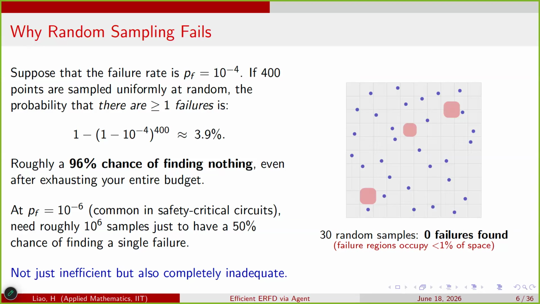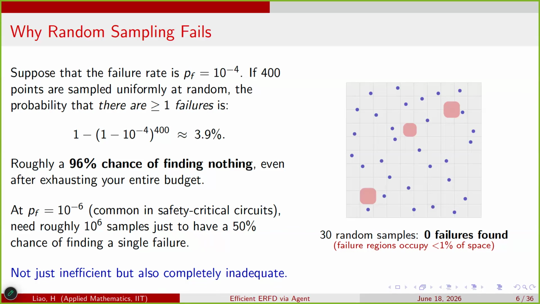Because if we consider a failure rate that is pretty low, like 10 to the power of -4, then after collecting 400 points selected uniformly at random, the probability that they contain at least one failure is only about 4%.